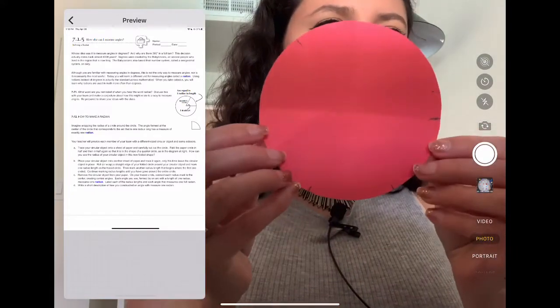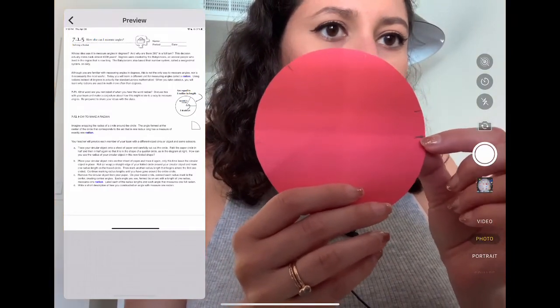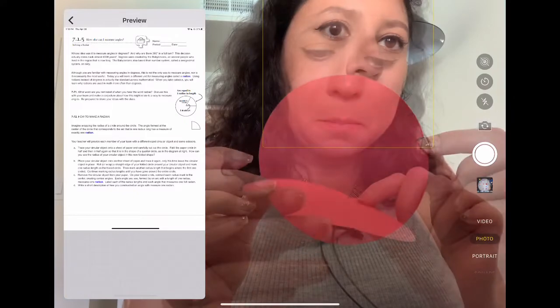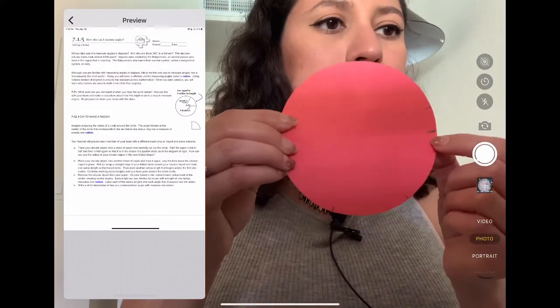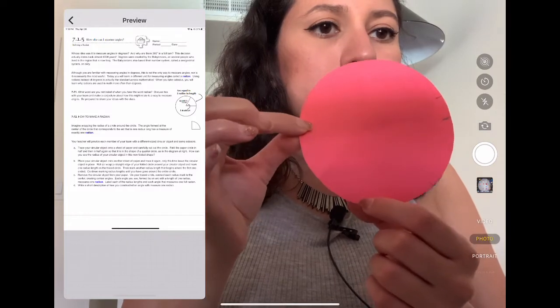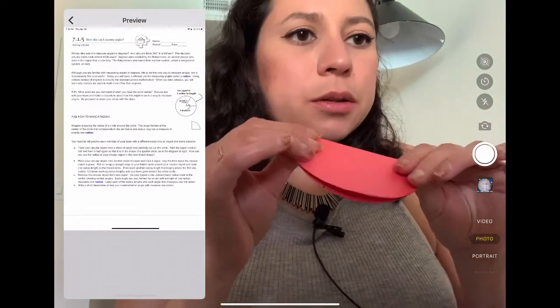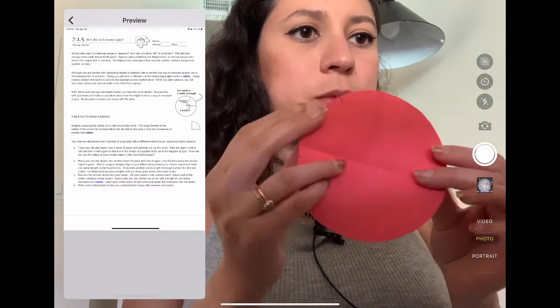So this is where I started. And then I started going around. So here's 1, 2, 3, right? I kind of folded it a little bit so that I can see where the center is.